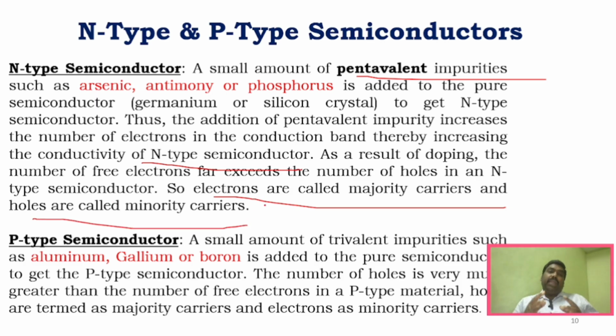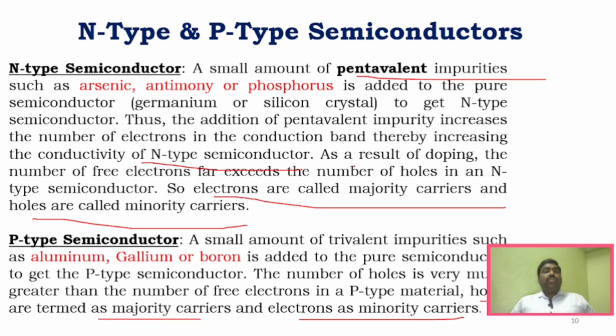Whereas in a P-type semiconductor, a trivalent impurity is added, which forms electron pairs with 3 electrons, leaving 1 electron free without a pair. That is, it will create a hole, so the number of holes will increase. Obviously in P-type material, the majority carriers are holes and the minority carriers are electrons.